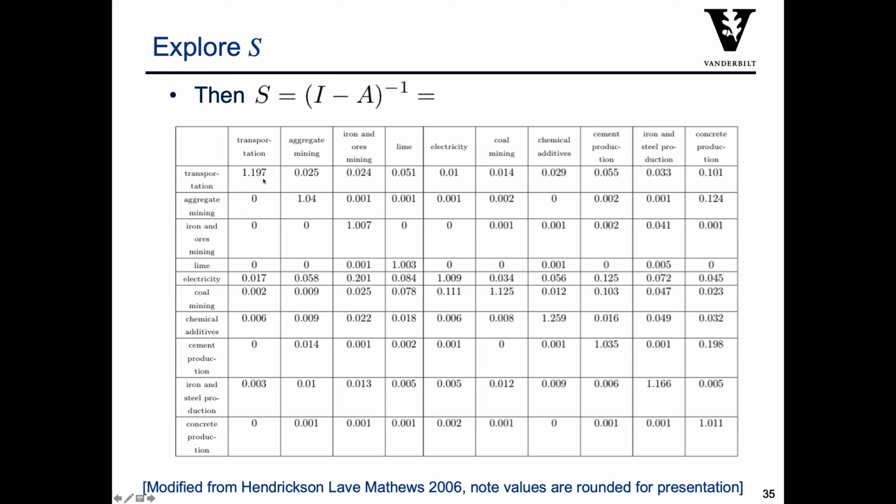If this sum in the extreme case is a really, really small number, like barely larger than 1, it basically says $1 of final demand doesn't really do that much to create additional spending in the economy. If this number is really large, suppose this number comes out to something like 2, then what it says is for $1 of spending in the final demand of the transportation sector, you would have $2 of spending everywhere in the economy.